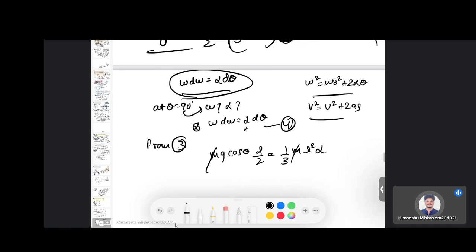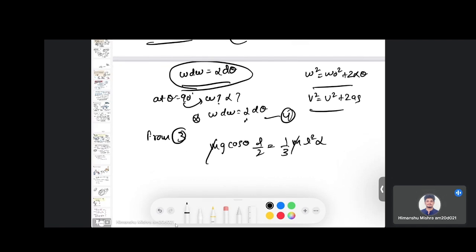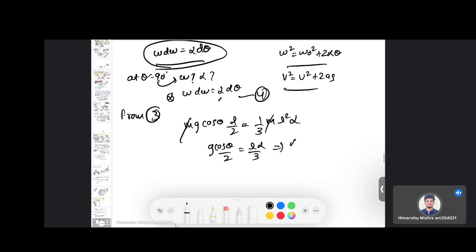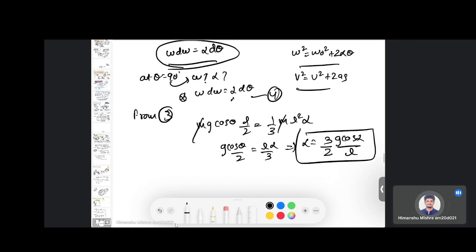So m cancels, L cancels, so g cos theta by 2 equals L alpha. So my alpha will be 3 by 2 g cos theta divided by L. So this is my alpha, right? And I can use this alpha in equation 4.